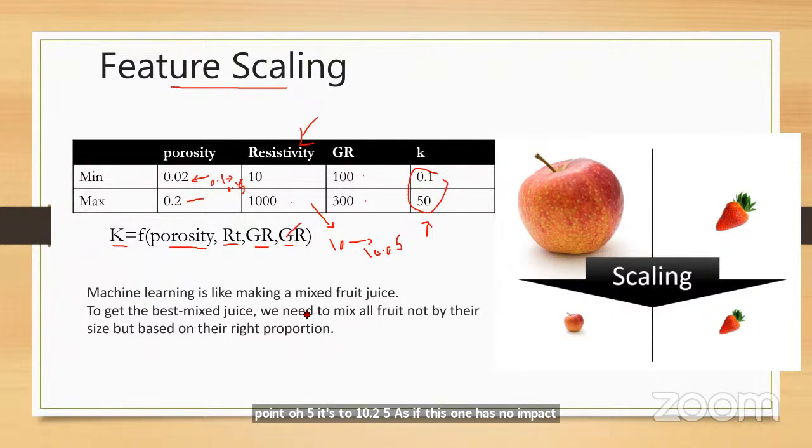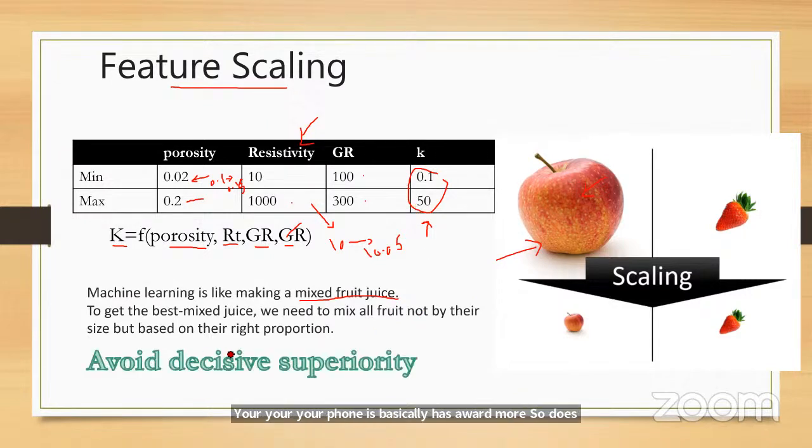An example for this is like when you are mixing a fruit juice, like apple and strawberry, for example. A strawberry is very small, the apple is big. So if you put one of this and one of that, you will end up with a juice that has more apple. So that means you need to do some scaling. There are different scaling techniques.